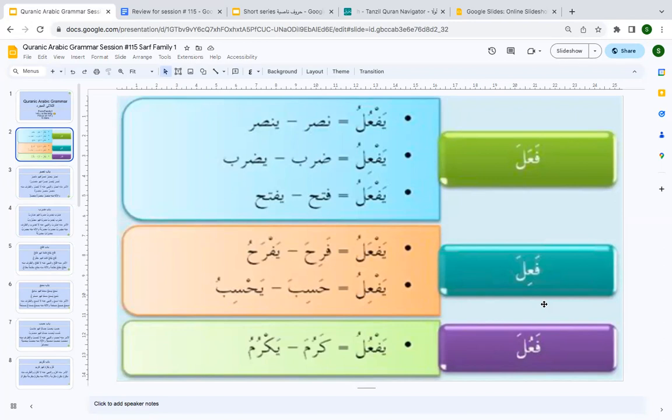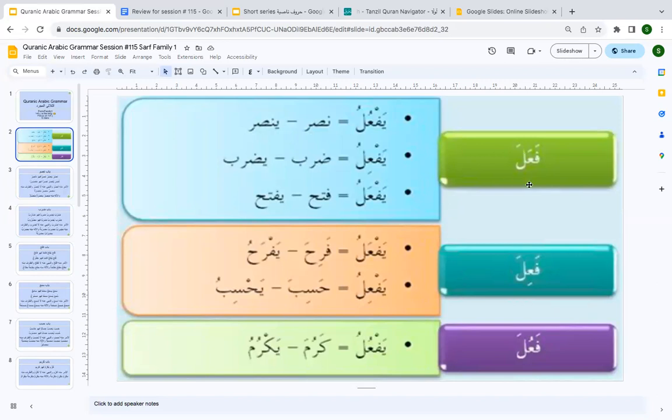There was a Mushaddad Ainul Kalima, but you were focusing on your Mudare with Dhamma, and your Faul Kalima with Fatha in case of Taf'il, and sometimes the Faul Kalima with Sukoon and this and that, there were some differences, right? But when it comes to Form 1, you will see there is an Ainul Kalima that is undergoing a lot of changes. So Fa'ala, Fa'ila, Fa'ula.